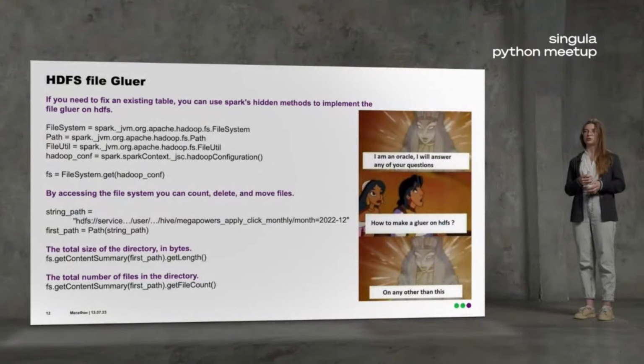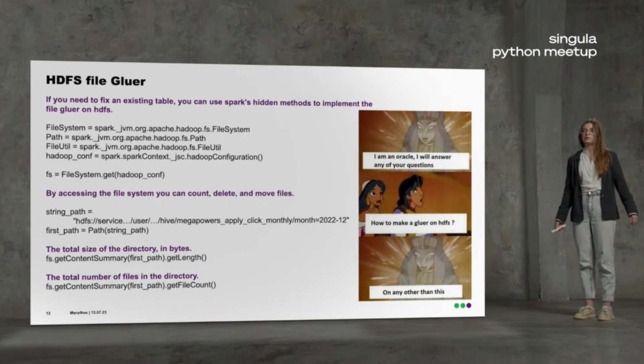But it is quite possible that you need to correct an existing table, and it is not enough just to change the saving method. In this case, you can use Spark hidden methods to implement the file gluer on HDFS. And it may seem like a simple task, but it is not, if you don't know that you need to look for hidden methods.